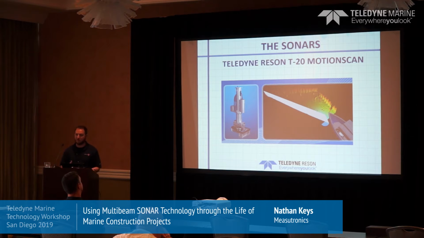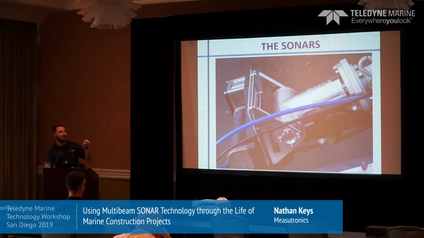And so the BlueView, we talked about how it's short range and sort of small sector. With the T20 on a pan and tilt, we get all that nice wide coverage. We can still pan it and tilt it around however we need to. And so this one is fairly new, and we're using it quite a bit and getting a lot of really good data with it.